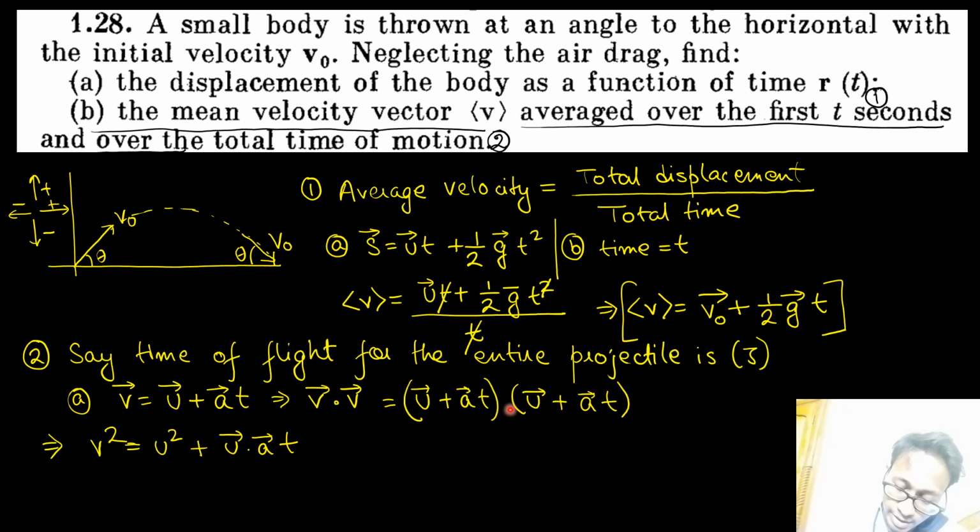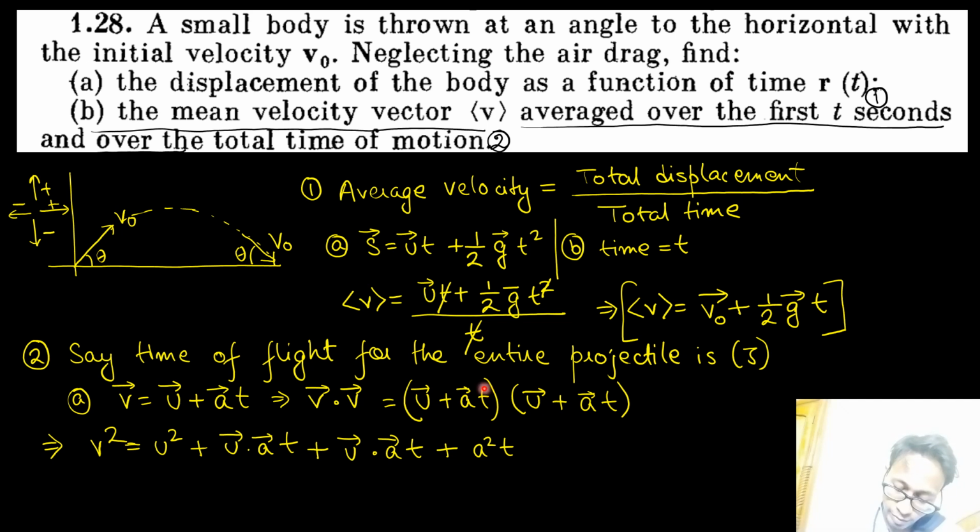Now this u dot a into t plus u dot a into t, and then at into a dot a into t, or a square into t.